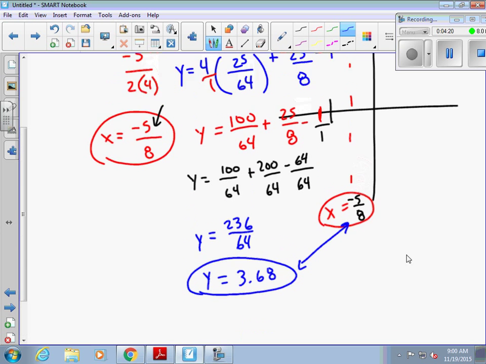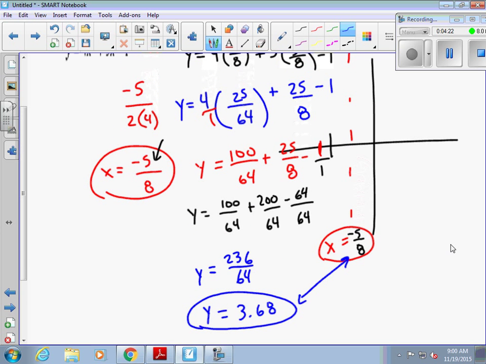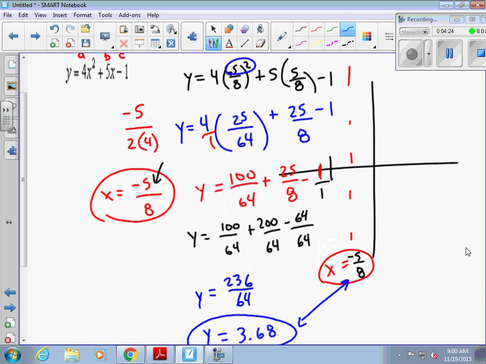But 3.68, we knew it was going to be a little bit less than 4, because 6 going into the number 23, it's got to be a little bit less than 4. So 1, 2, 3, 4. 3.68 would be approximately a little bit above half, so it would be right there.